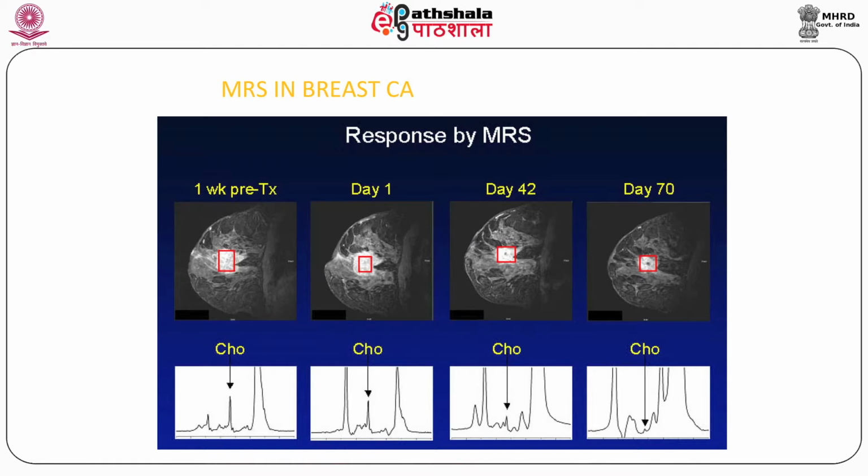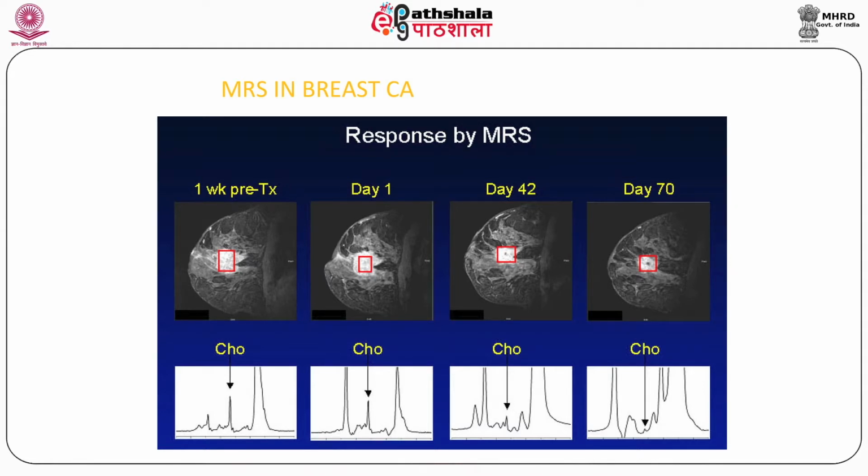On day 42 and day 70, we see significant lowering of choline peaks, with almost a tiny speck of choline peak at day 70. Now, this suggests that this tumor is responsive to chemotherapy, and this is well predicted by our modality, which is MR spectroscopy. This can help prognosticate such a case.